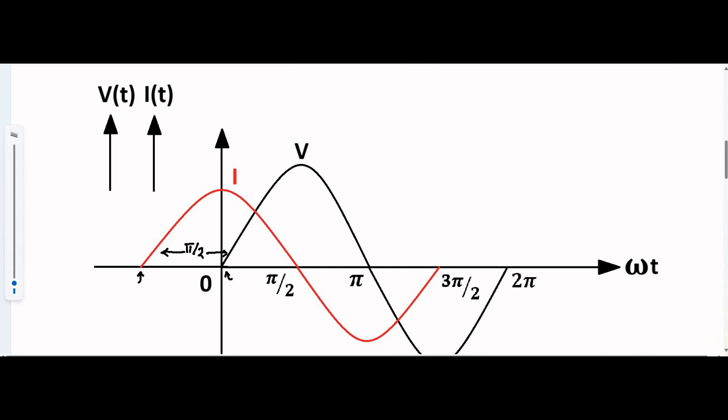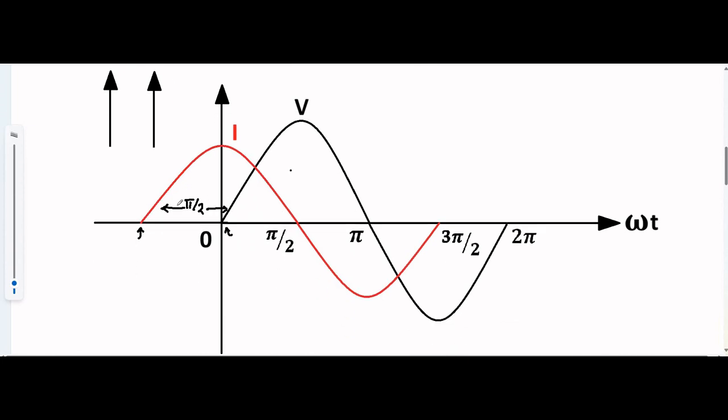So from this waveform we get to know that current leads the voltage by pi by 2 radian or 90 degree, or voltage lags behind the current by pi by 2 radian or 90 degree.